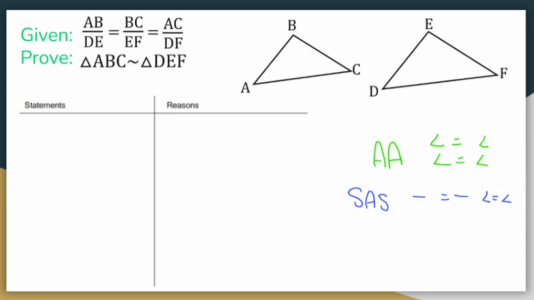The third option is SSS, which says that if you have a side over a side, corresponding sides, equals a corresponding side equals a corresponding side, then you have similar triangles. You might look at this and say, doesn't the given tell you pretty much the same thing as this?